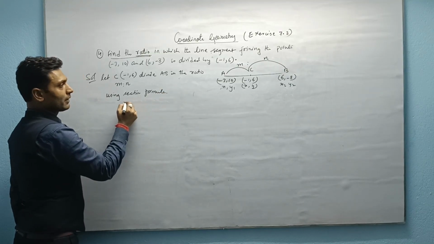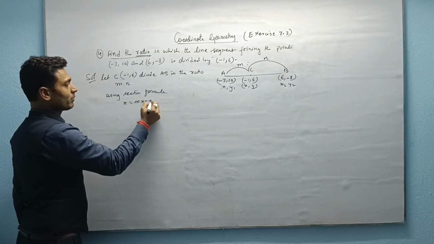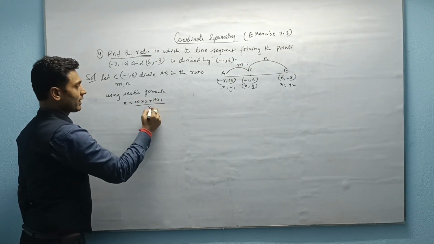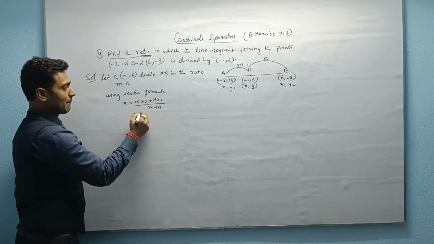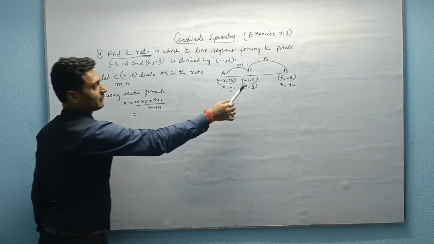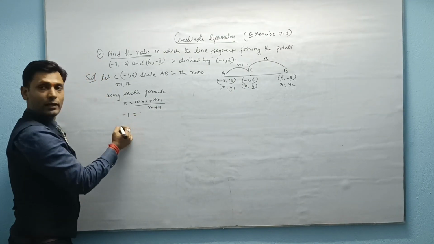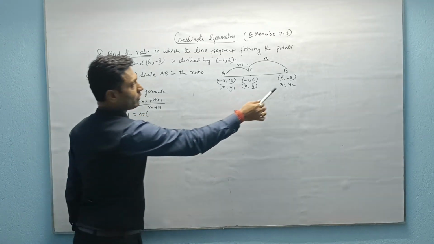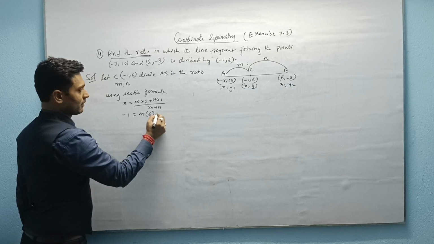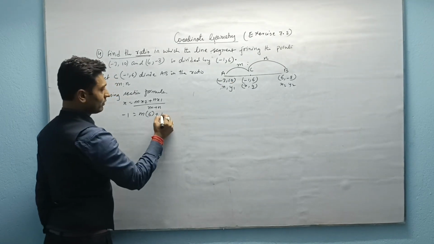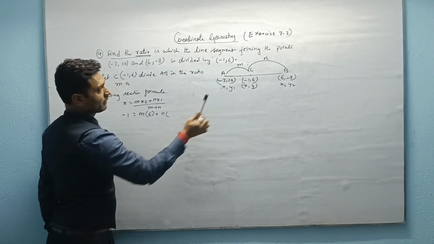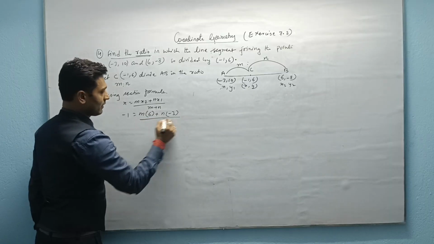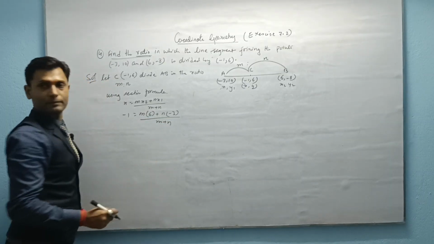we have x is equal to (mx2 + nx1) divided by (m + n). What is x here? Minus 1. M is what? We don't know. What is x2? 6. What is n? We don't know. What is x1? Minus 3, divided by m plus n.